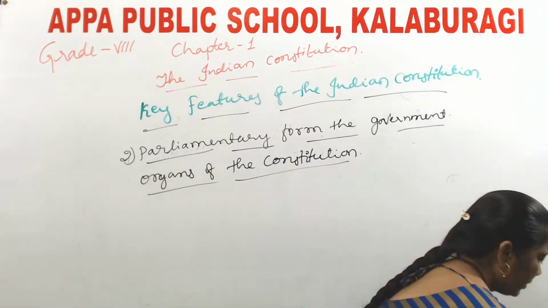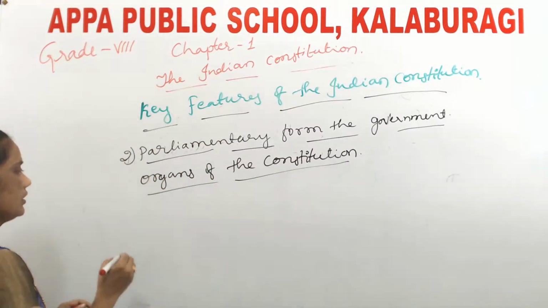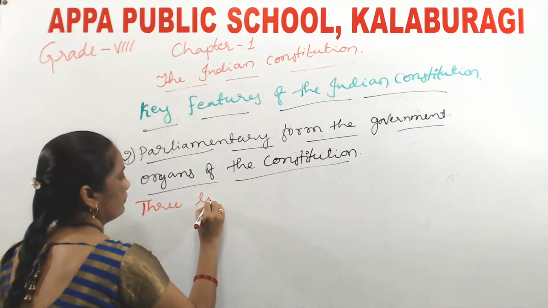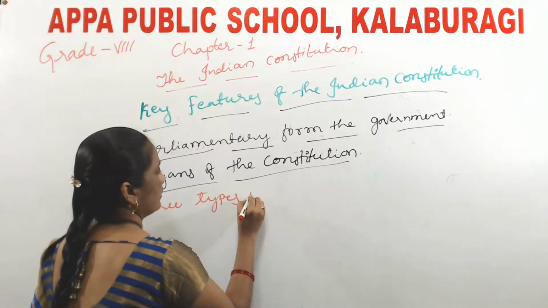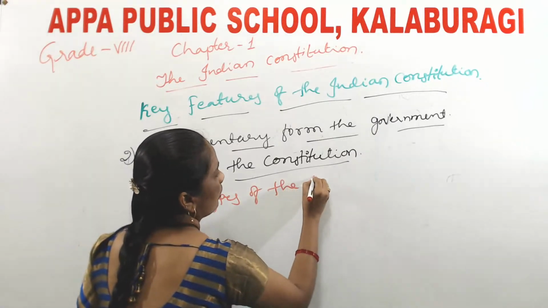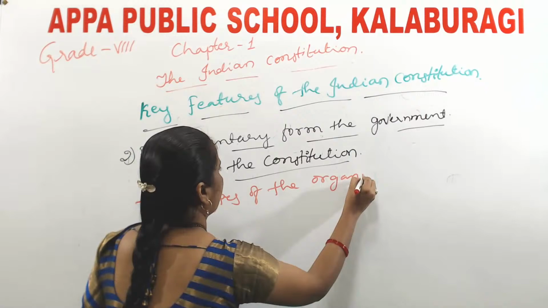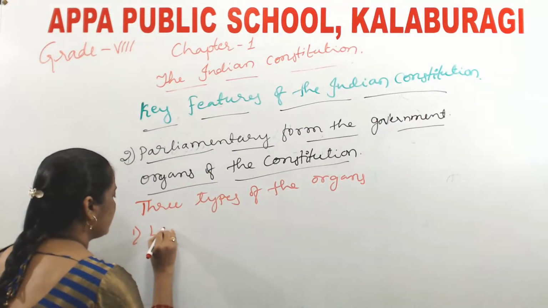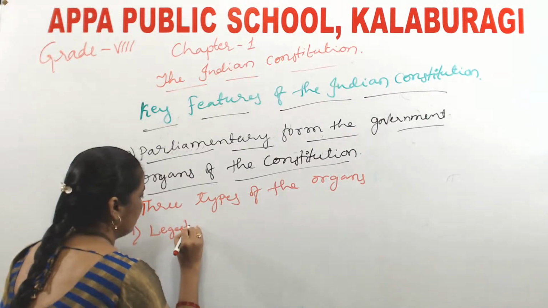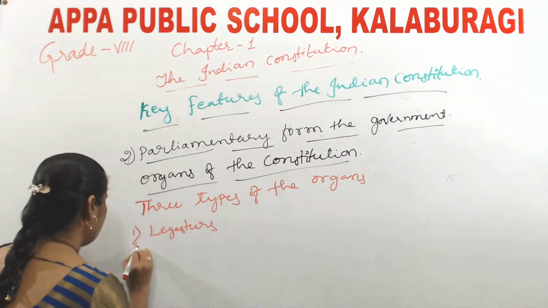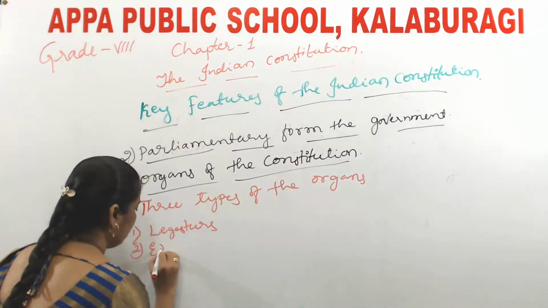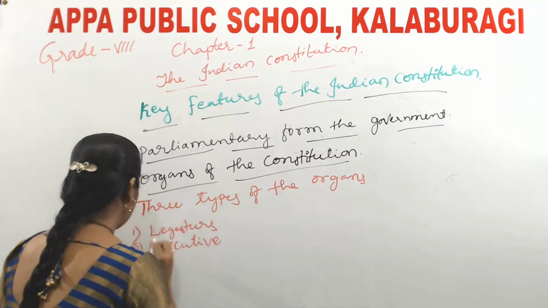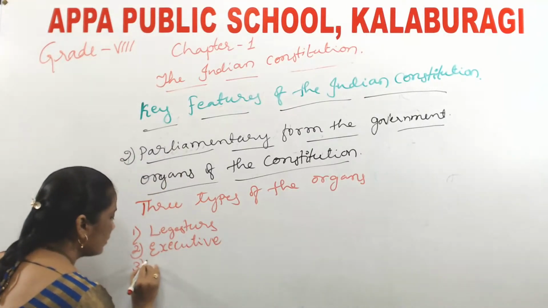We have three types of organs. They are legislature, executive, and judiciary.